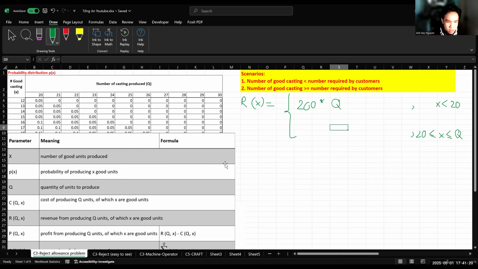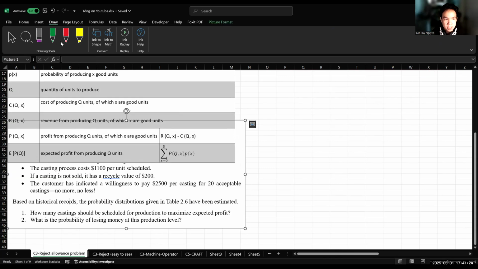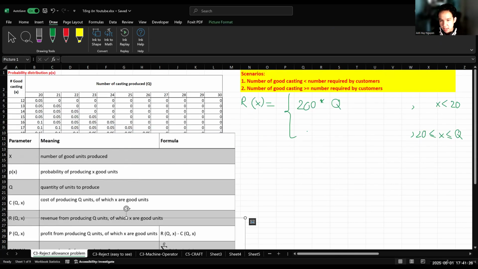So how much are they willing to pay? 2,500 per casting? Okay, so it will be 2,500 multiplied by 20, and the rest of the castings will be Q minus 20, multiplied by 200, if I'm correct.